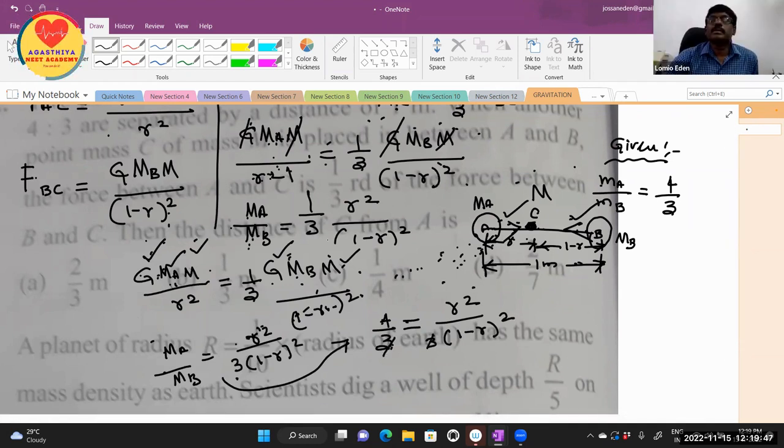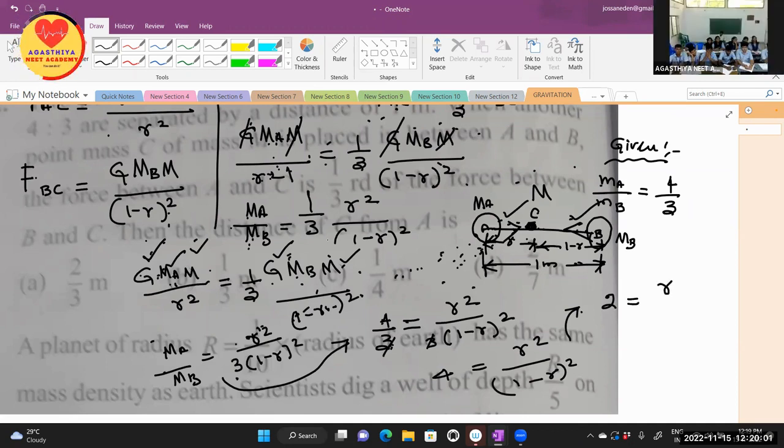The 3 gets cancelled, and it becomes 4 equals R squared over (1 minus R) whole squared. Now take the root on both sides, it becomes 2.